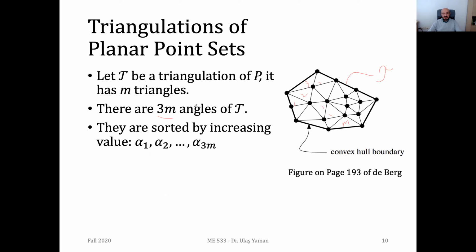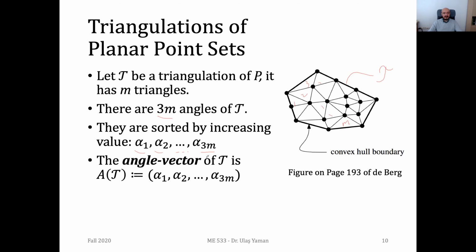So now we are going to sort these angles from the smallest one to the largest one. So as you see, we have the first angle, alpha 1, alpha 2, up to alpha 3m. Since there are m triangles, if you multiply by 3, we will have 3 times m number of angles in this triangulation tau.